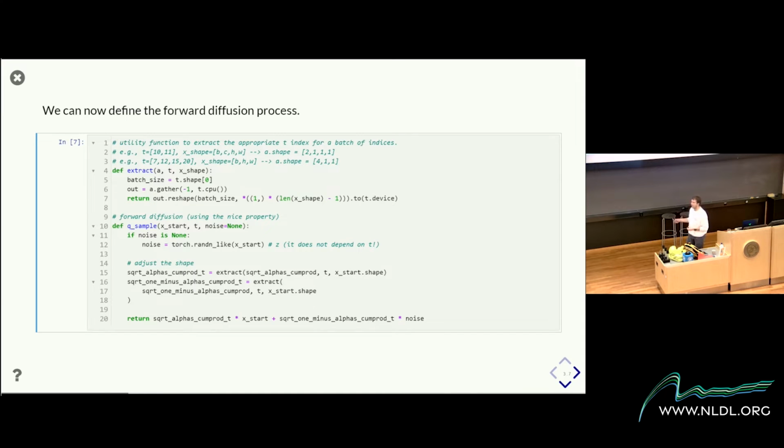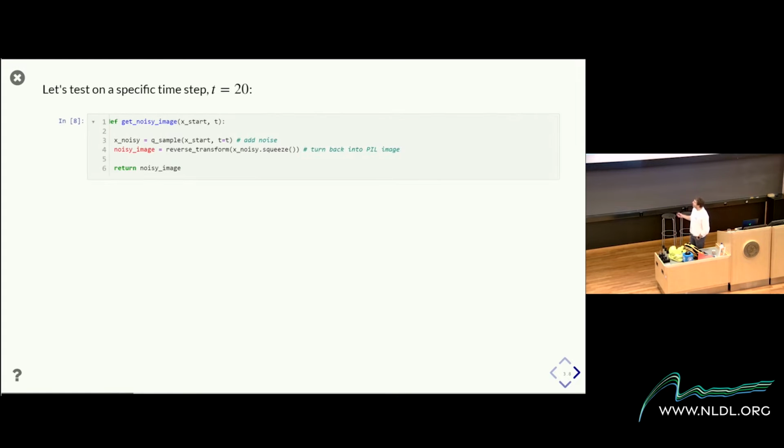So this will be the center of the Gaussian from which I generate my new sample. And this is the variance part, which is this noise z multiplied by the standard deviation that I have at time step t. So you see that no matter what the time step t is, I can just draw the sample x of t starting from the initial one and from some noise that I extract.